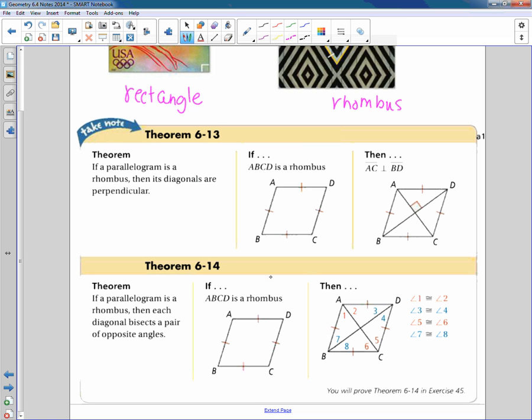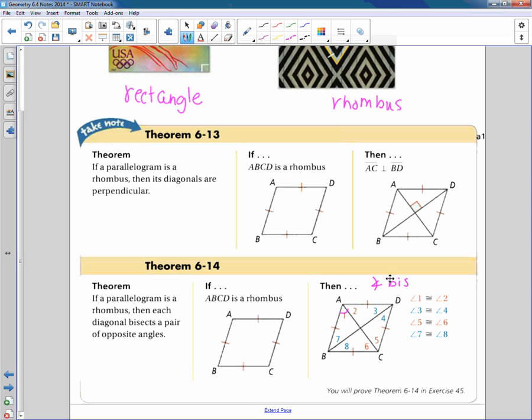The next theorem is that if ABCD is a rhombus, then we create these congruent angles. When we draw diagonal AC and diagonal BD, we create congruent angles here. 1 and 2 are congruent, 3 and 4 are congruent, 7 and 8 are congruent, and 5 and 6 are congruent. So not only are the diagonals perpendicular lines, they are also what?